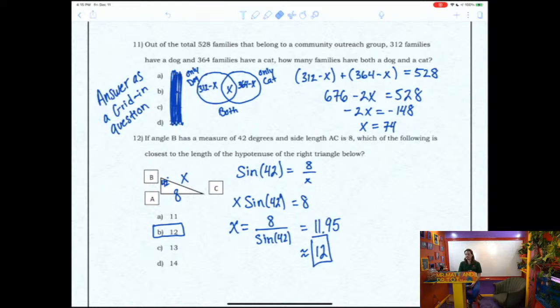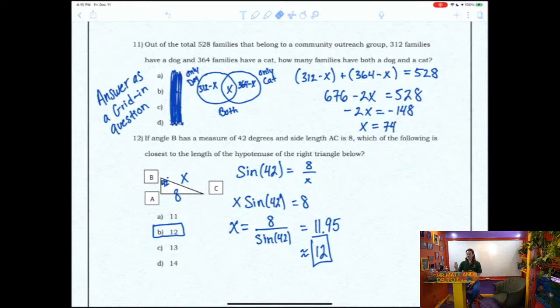The 364 families that have a cat minus the x number of families that have both a dog and a cat would leave you with an expression representing the number of families that have only a cat. So if we add those two expressions together, 312 minus x plus 364 minus x is going to give us 676 minus 2x, and that has to be equal to 528.